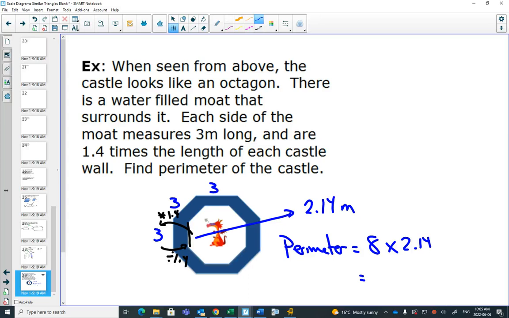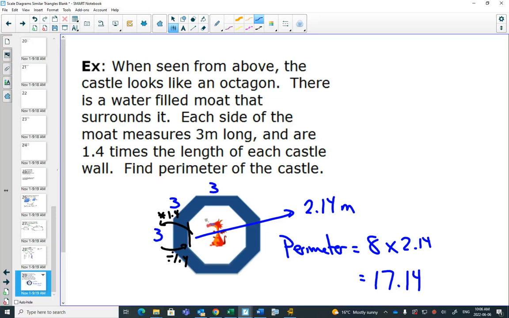And this is a great example. Because if I go to my calculator and do 2.14 times 8, I get 17.12. The actual answer is 17.14 because I rounded early, okay?